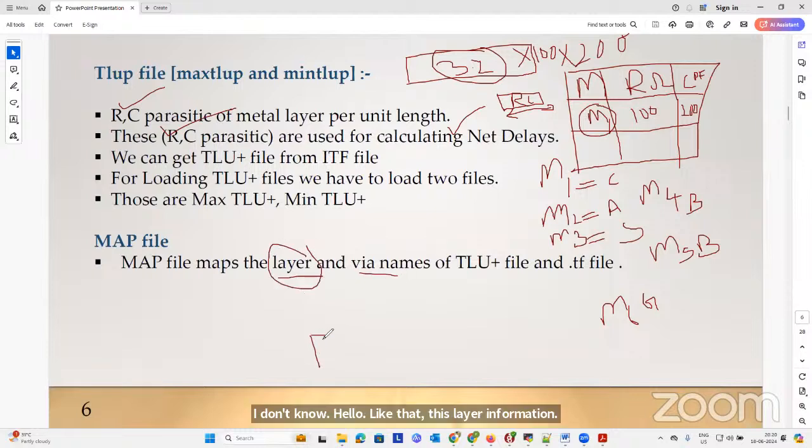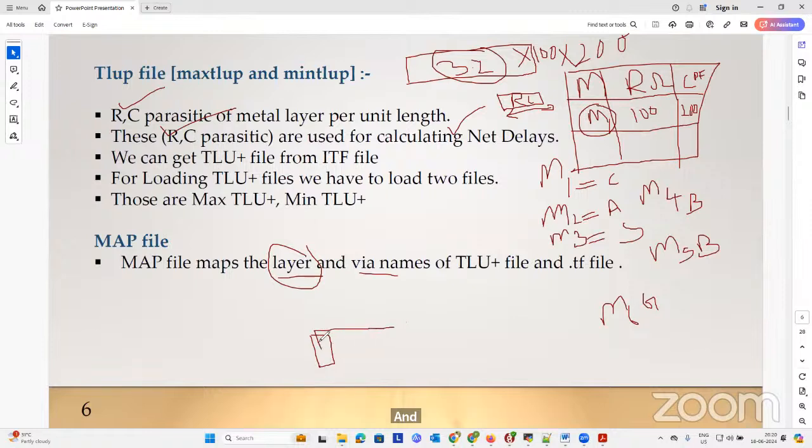And to draw the via, this is my metal one and this is my metal two, so I need to draw a via here. This is via 1 to 2.